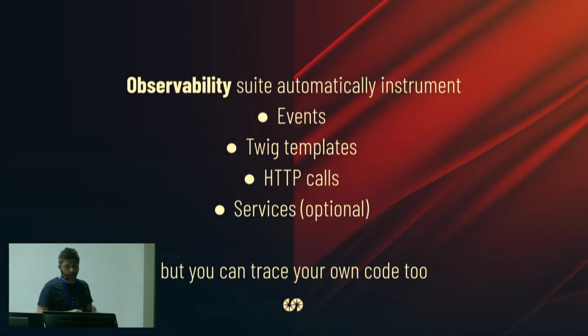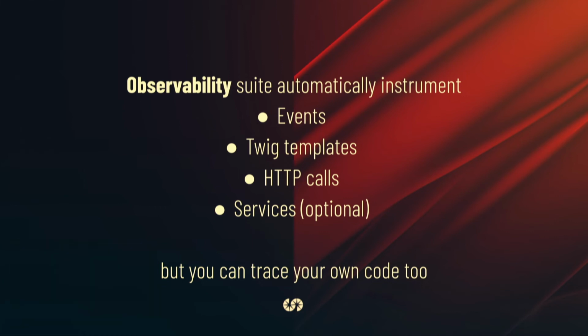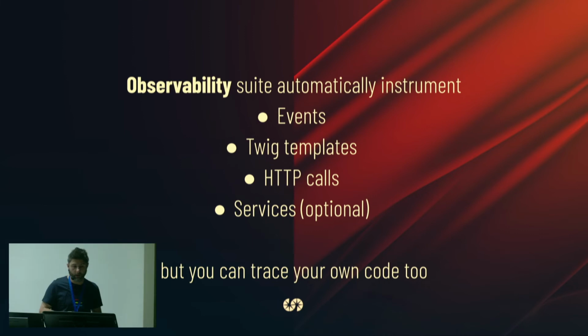Okay. As for the metrics, the observability suite modules in Drupal already instrument the application to collect some traces. At the moment we are collecting events and Twig templates. So every time Drupal calls on events, or anytime Drupal uses Twig templates to render something, every time Drupal performs an HTTP call to an external system, and if you want, every time Drupal invokes a service.